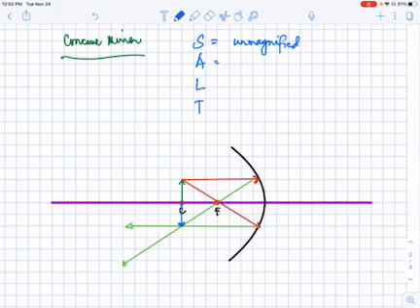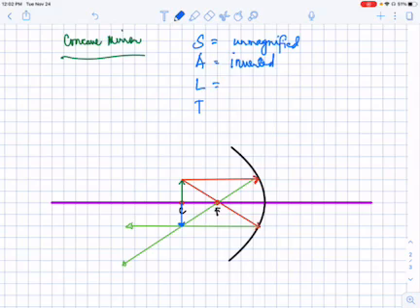Attitude or orientation is another way of describing the image, again in relation to the object. So images may be inverted or erect. In this case, the image is inverted, because it is rotated 180 degrees with respect to the object.